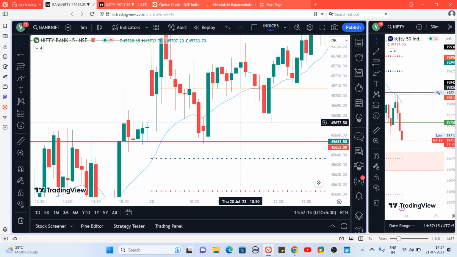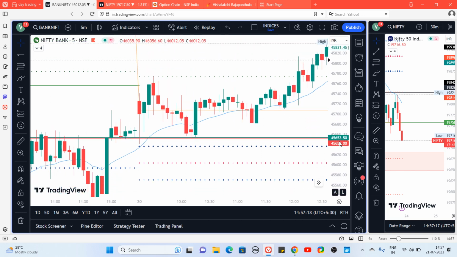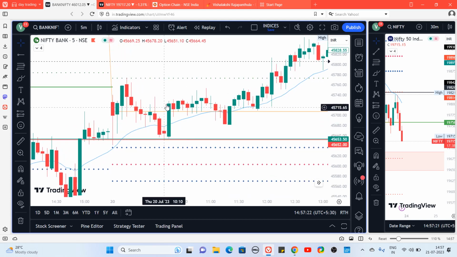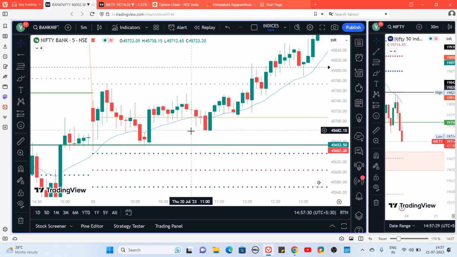Now see here, this is the power of the analysis. Once it makes the retest bullish candle, all the traders who believed that the index is in bullish mode will enter the market. So what happened here is the price came back to about 50% of this move, somewhere here.